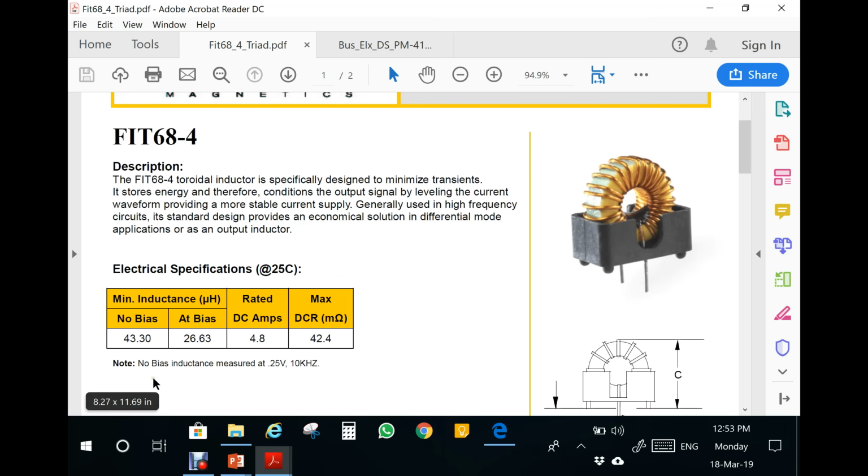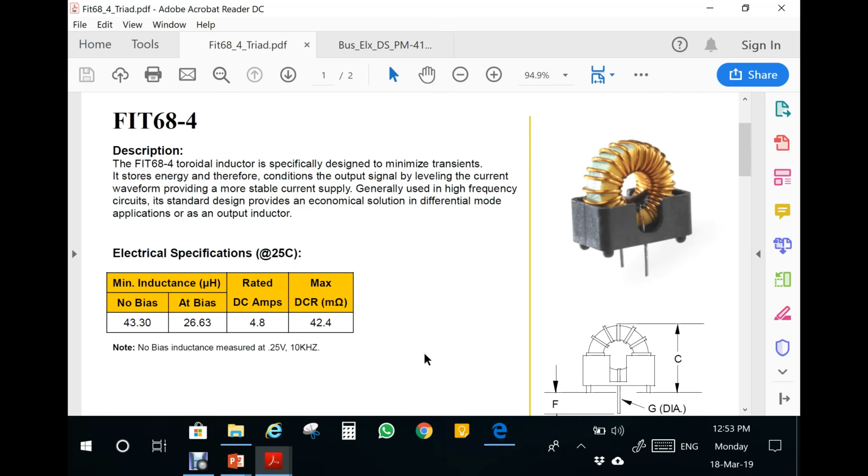The only thing it says is that the no bias inductance was measured at 10 kilohertz. They are saying that this is specified to minimize transients, and this is used in high frequency circuits, but there's very, very little information.